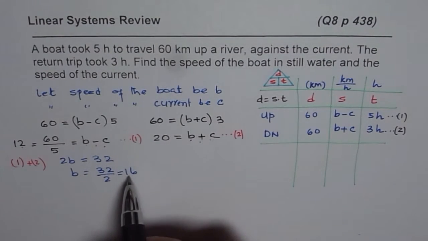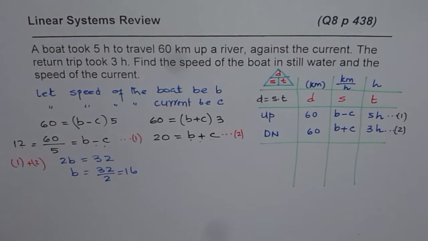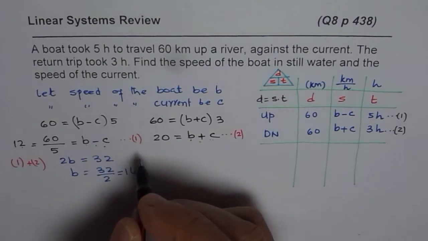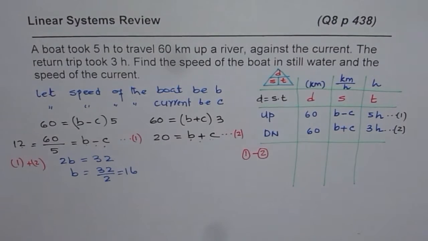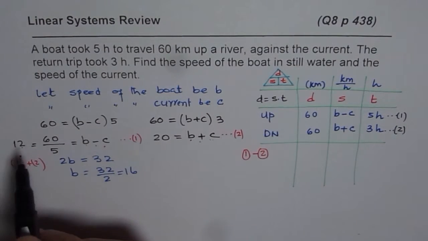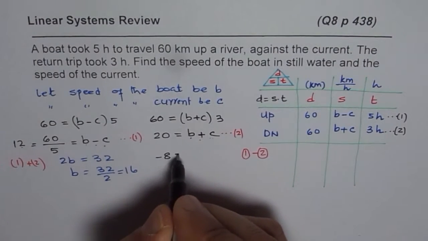Now you could find C by placing the value of B in either of those equations and getting your answer. What we can also do is equation 1 minus equation 2. In that case, what do we get? 12 minus 20 gives you minus 8.